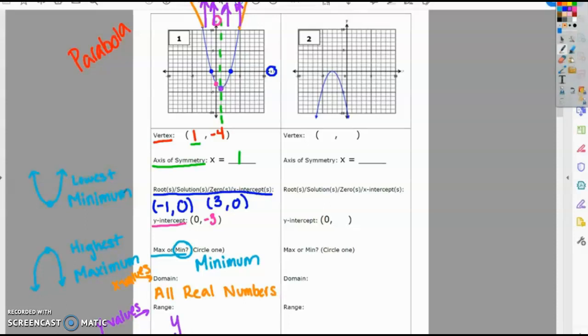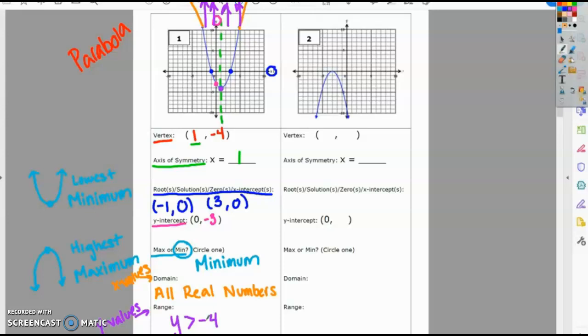Our vertex is our lowest point, we said that, so we know negative 4 is our lowest point here. So our range, meaning our graph hits everything above this negative 4, which means y is greater than negative 4. Here's our vertex, there's nothing below it. So our y values are everything greater than that vertex, which is negative 4. So y is greater than negative 4 is our range.